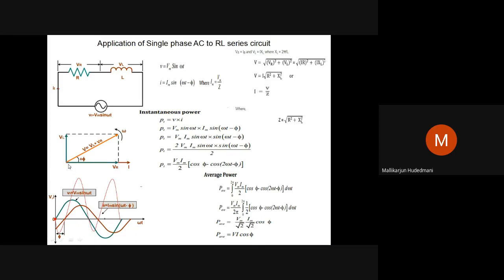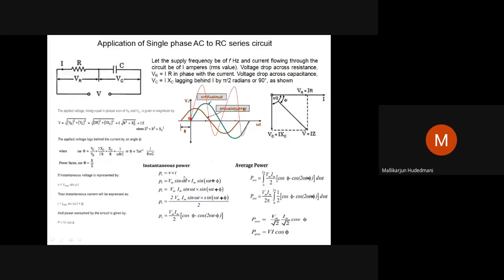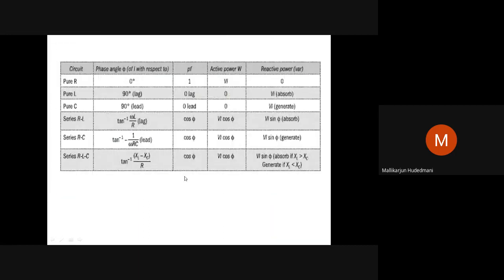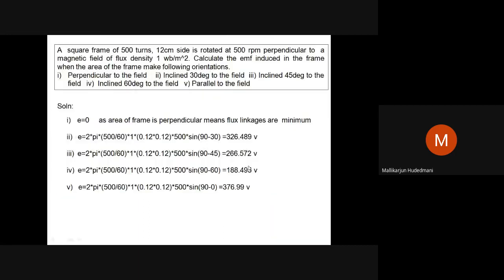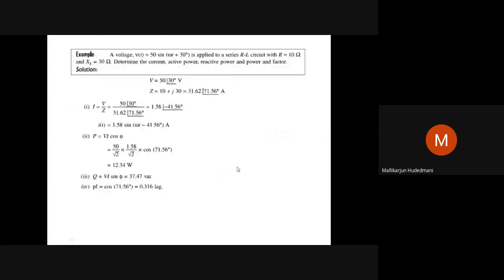I will have two components. One is I cos phi along this and I sin phi perpendicular to this. Then I cos phi and I sin phi. You can see here I have also written it. I'll just go back here. Here, I have P equal to V I cos phi.